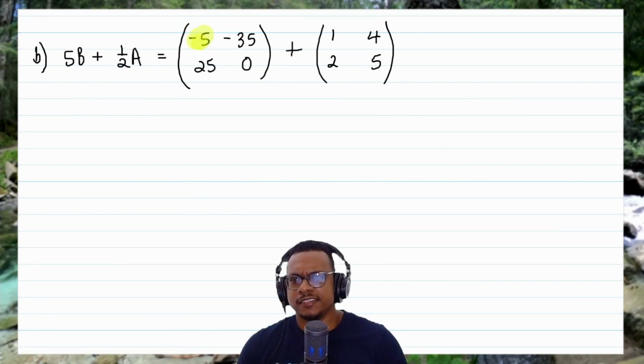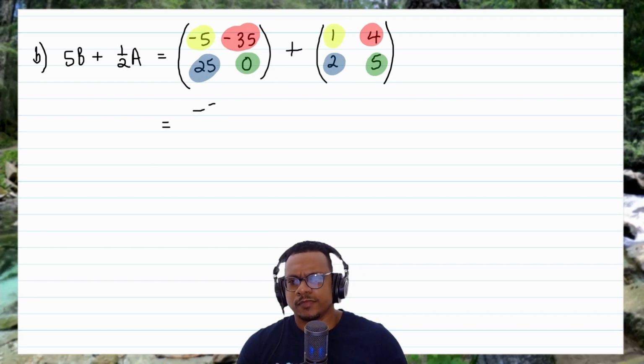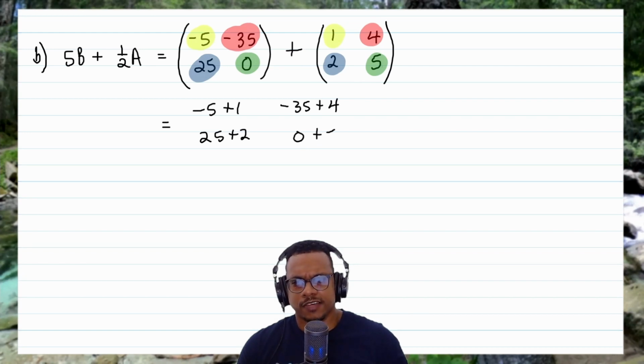So now I'll be adding this negative 5 with this positive 1, this negative 35 with this 4, this 25 with this 2, and this 0 with this 5. So I have negative 5 plus 1, 25 plus 2, negative 35 plus 4, and 0 plus 5.